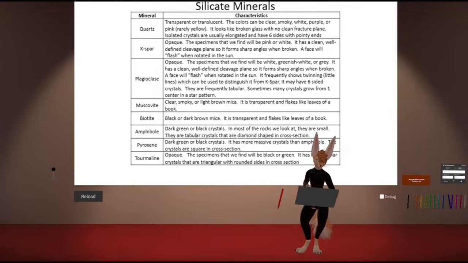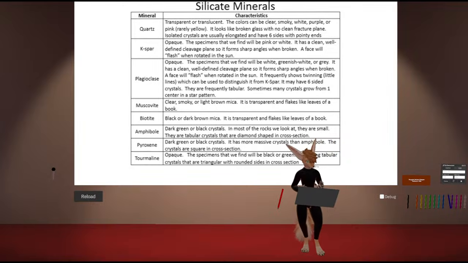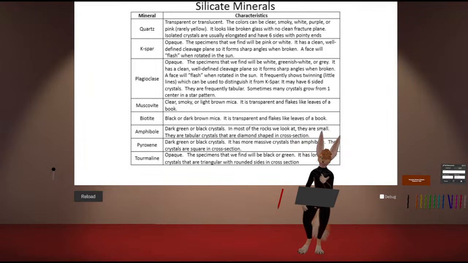Quartz being transparent or translucent, K-spar being opaque, plagioclase being opaque, muscovite being clear but smoky or a light brown mica, biotite being black or dark brown mica, amphibole being dark green or black, have black crystals, pyroxene, dark green, black crystal, or I'm gonna sincerely apologize here. The last one, I'm gonna butcher so hard. Tourmaline? There we go. Tourmaline will come out as opaque.